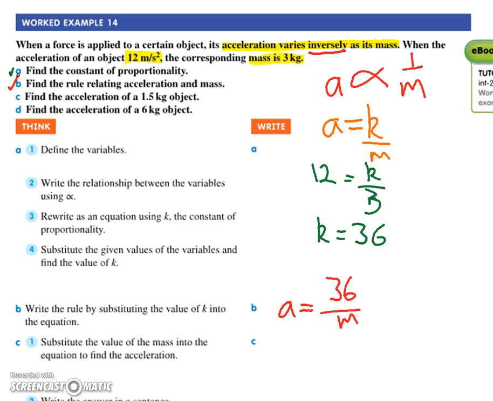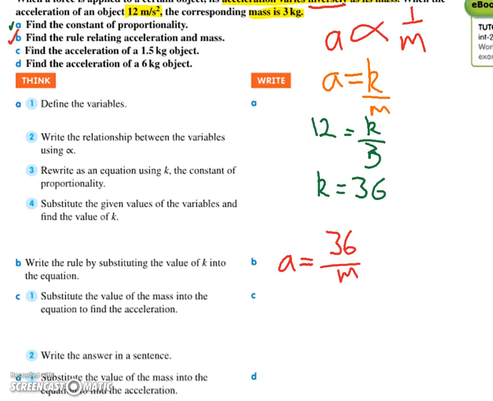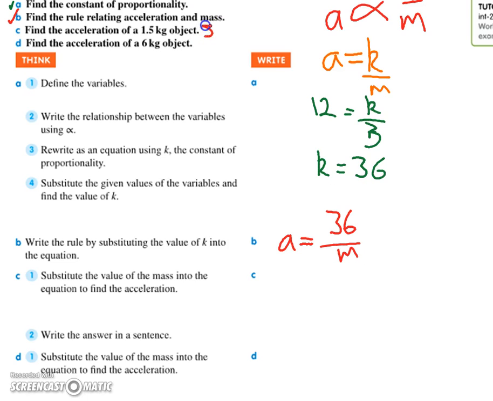Part C says find the acceleration of a 1.5 kilogram object. Okay. So we've got our formula. Have we got a value to sub in? Cool. So what do we got? A equals 36 over 1.5.